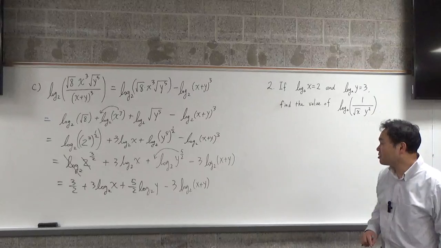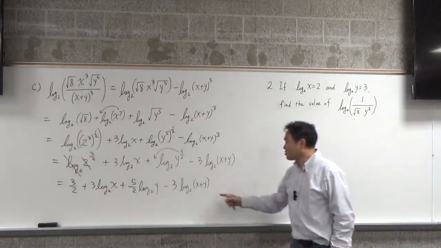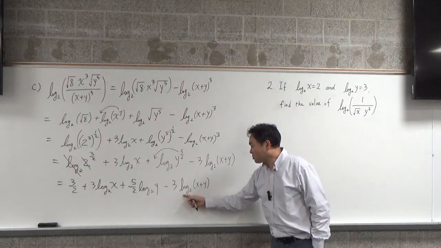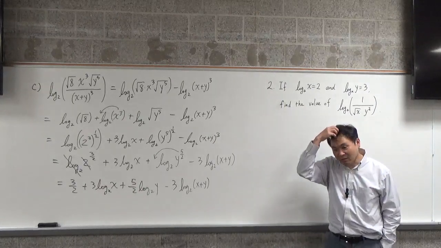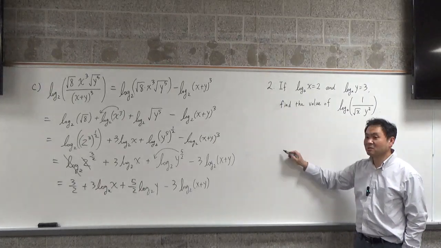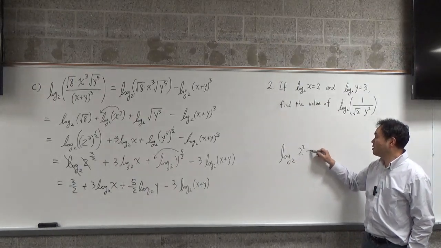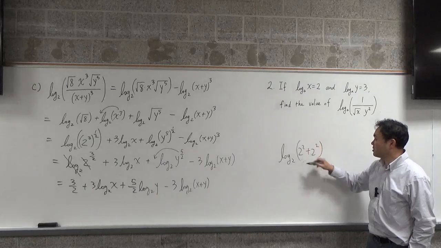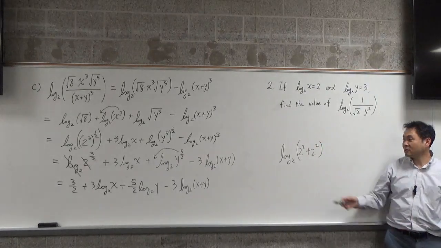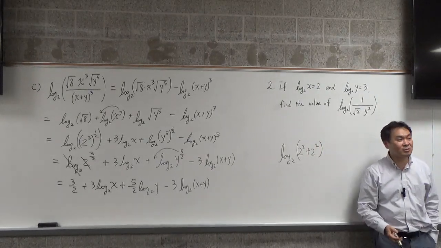Now, I'm still not sure if you understood what I'm trying to say here. So let me just ask a very simple question. Tell me the value of this. Can you simplify this? What's the value of this?